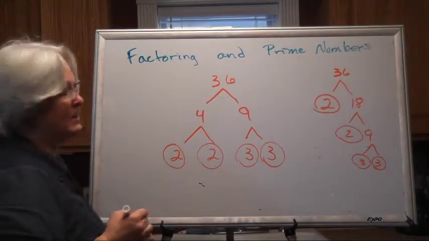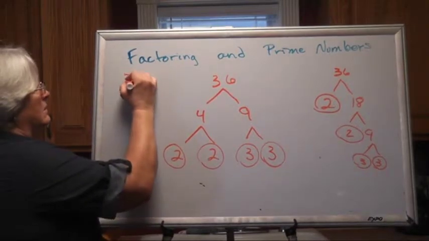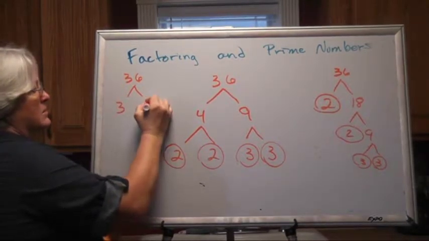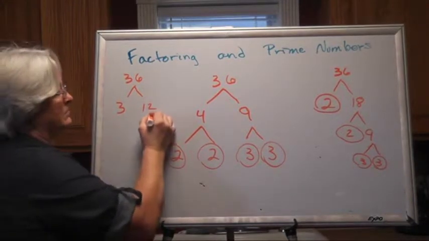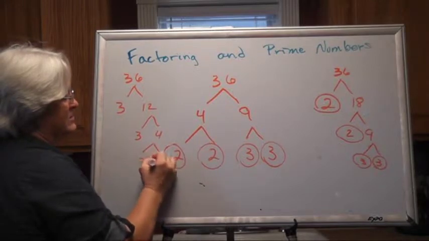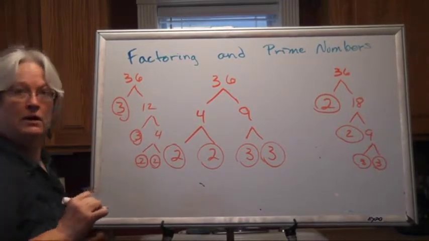What's another way that I might have done that? Well, maybe I said, okay, I know that 36 is 3 dozen eggs. 3 times 12. 12 is 3 times 4. 4 is 2 times 2. 2 times 2 times 3 times 3.